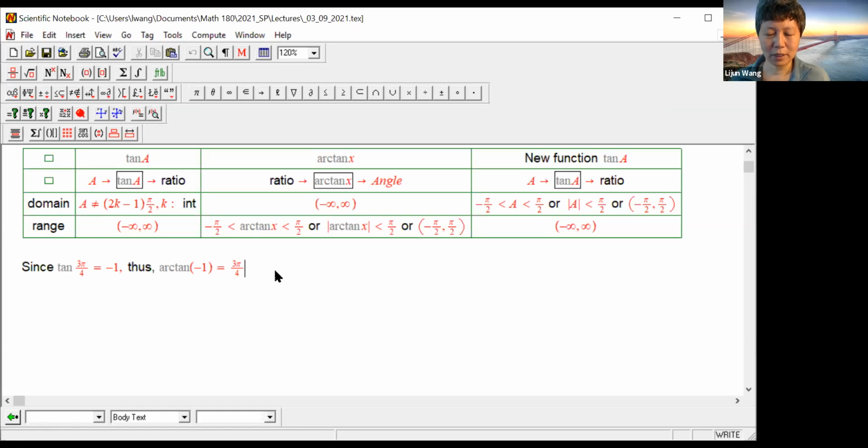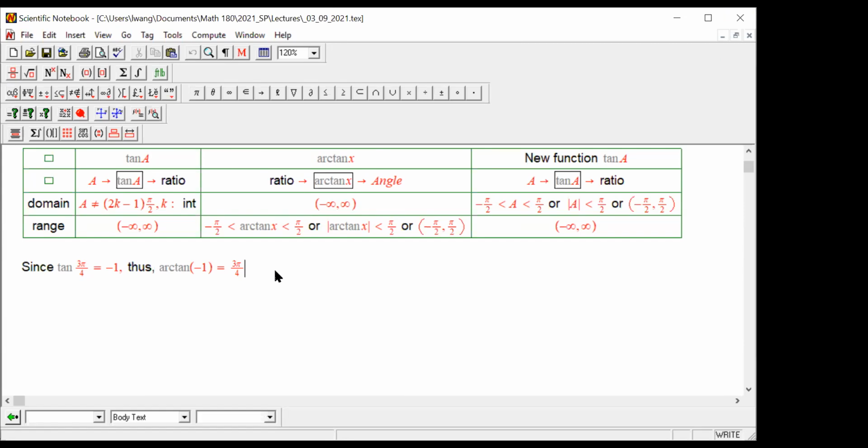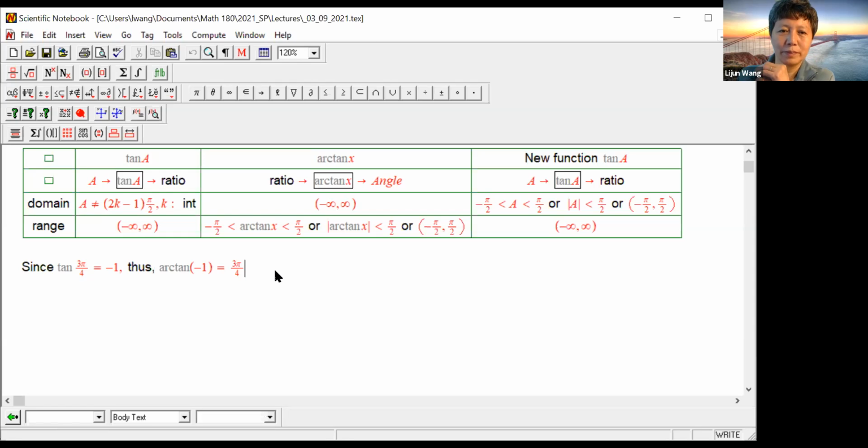What's wrong with being in the second quadrant? That's right. Both of you answered correctly, Mikhail, Cortland. Exactly. It's outside the range.